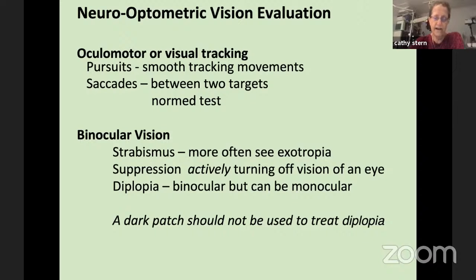And so if I have to use anything at all, I try to use the smallest occlusion possible. It could be binasal occlusion. It could be some type of spot patching where it just covers part of the lens. If I have to cover the whole lens, I will use some type of material that reduces the image itself, but allows light to come in.